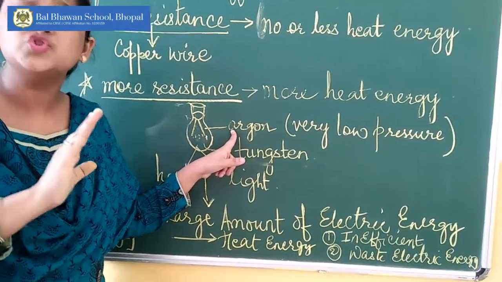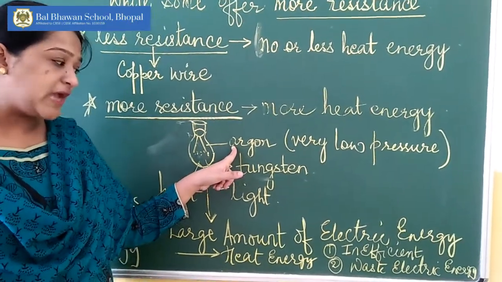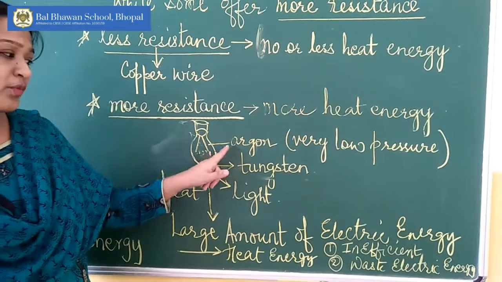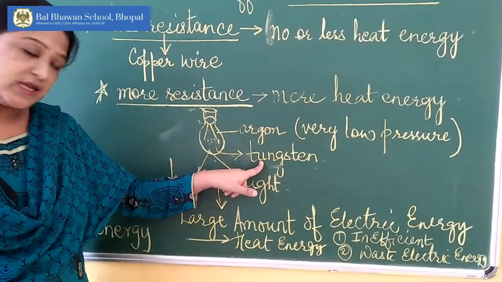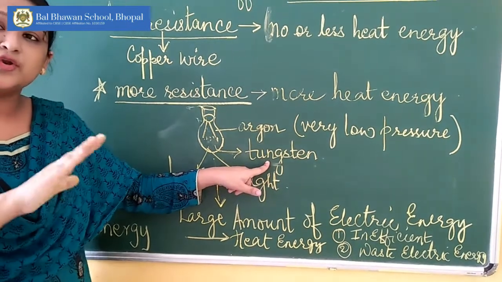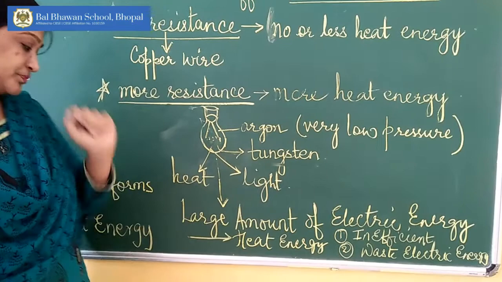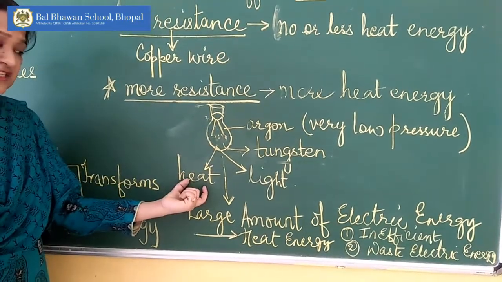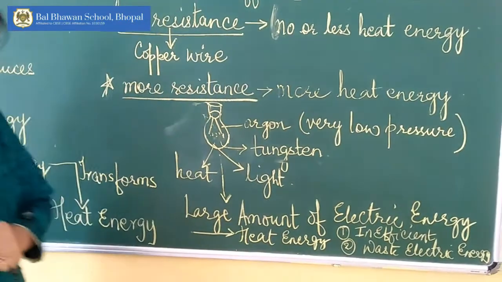Inert means it is not reactive. It will not react. So this argon will keep a control on the heating effect of tungsten and this tungsten will not burn. Okay children? That is how heat energy and light energy are produced.